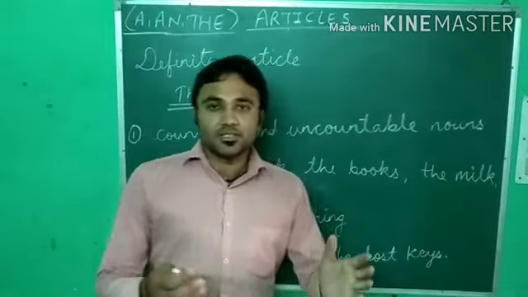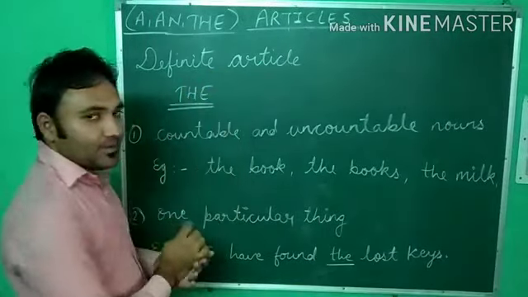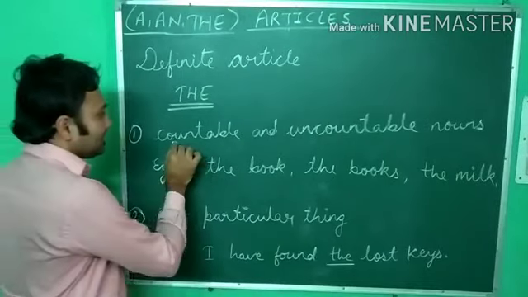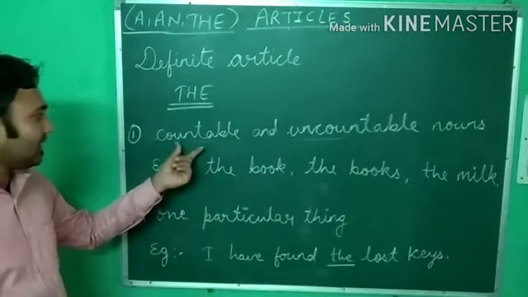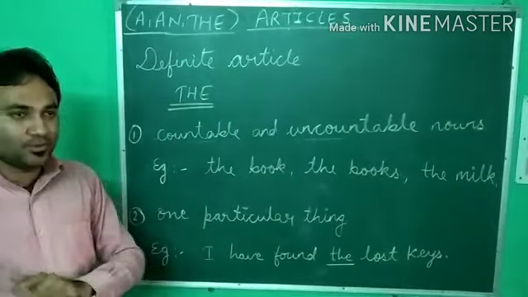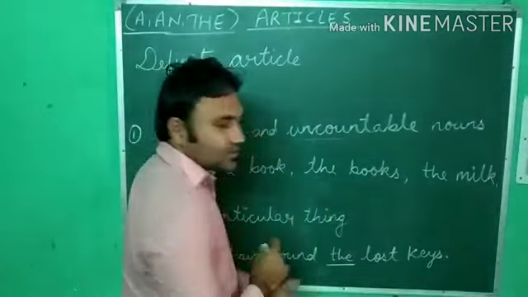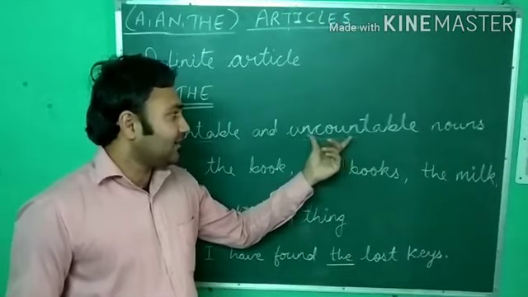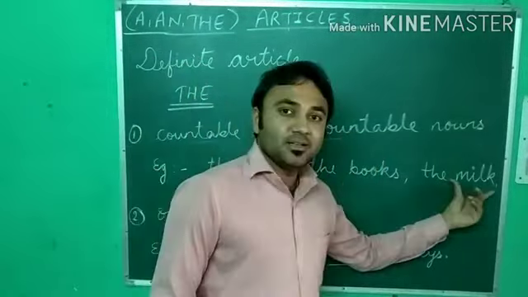Now, let us read the use of definite article the. Dear students, the article the can be used with countable and uncountable nouns. Countable nouns can be both singular or plural. For example, the book and the books. In the same way, we can use article the before uncountable nouns, that is the milk.